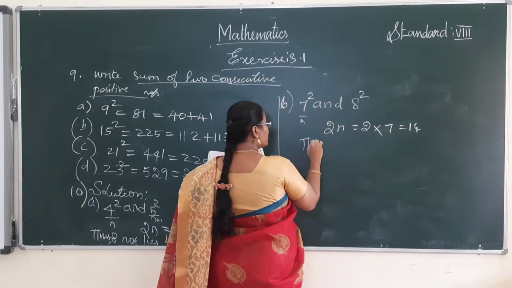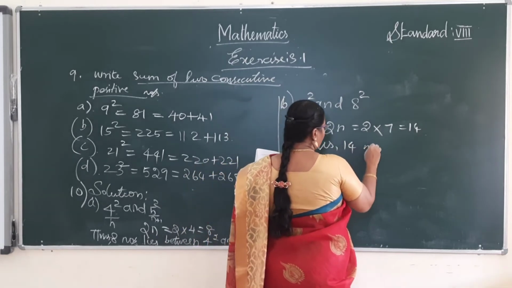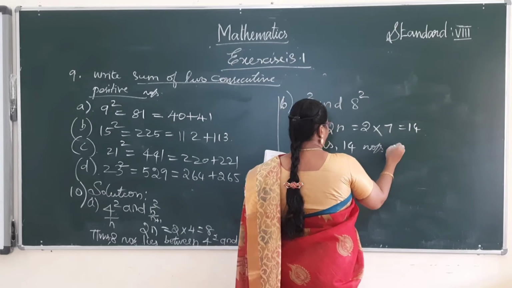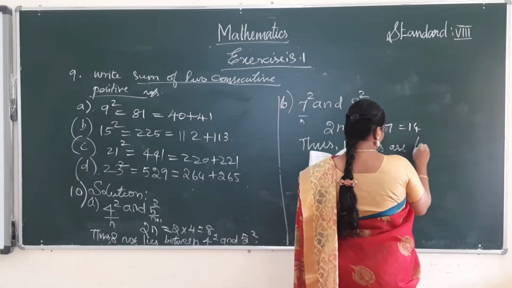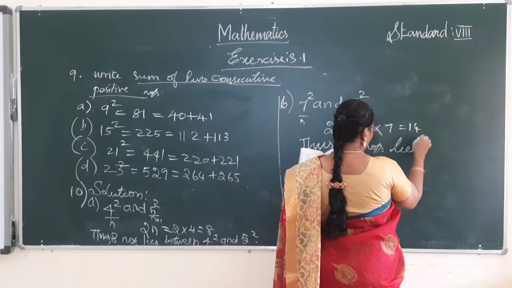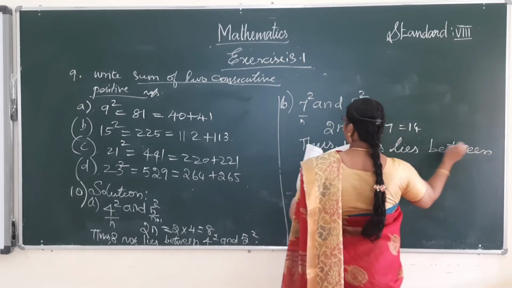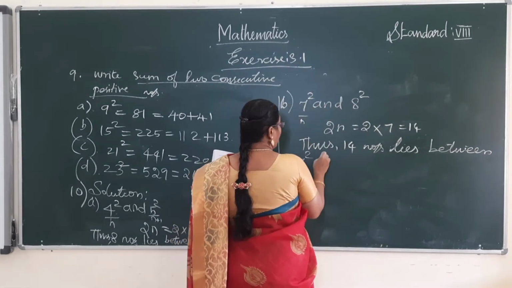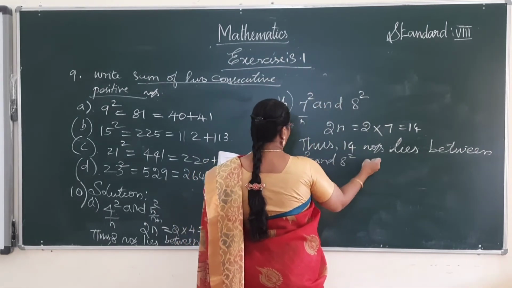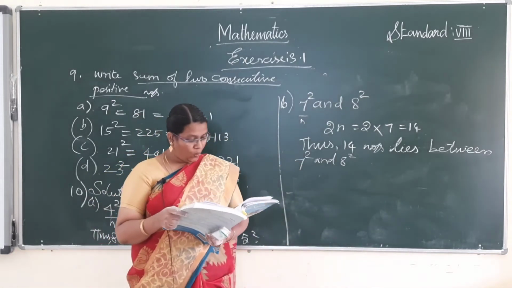Thus 14 numbers lie between 7 square and 8 square. Okay, so remaining two problems are homework.